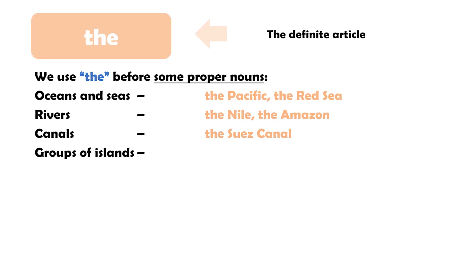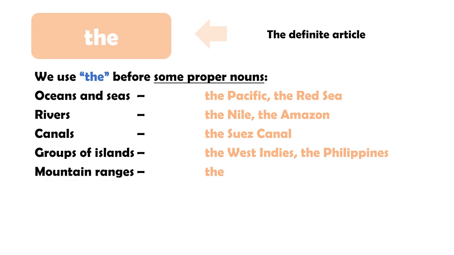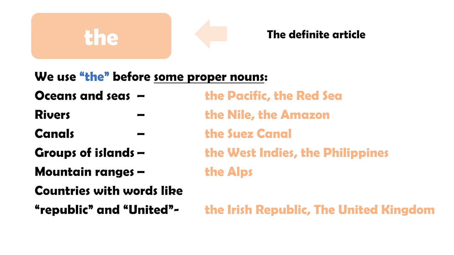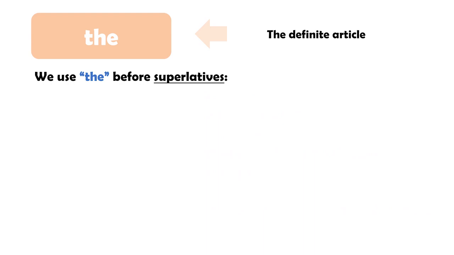We use the definite article before groups of islands like the West Indies, the Philippines, for mountain ranges like the Alps, and for few countries with words like Republic and United, like the Irish Republic, the United Kingdom, the United States of America.